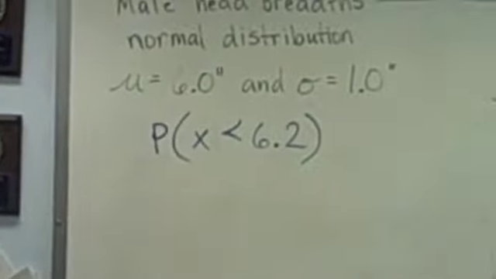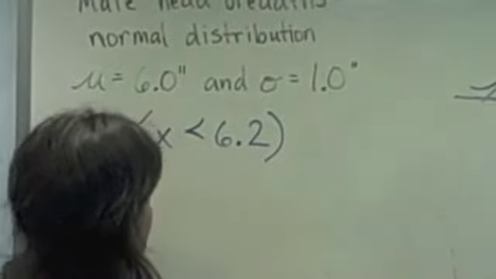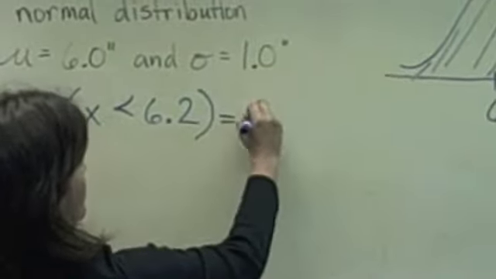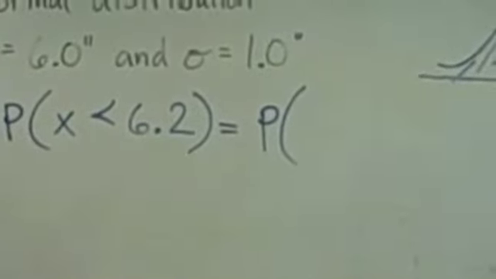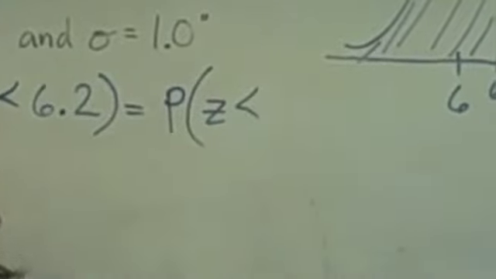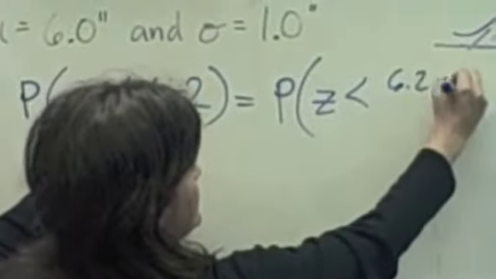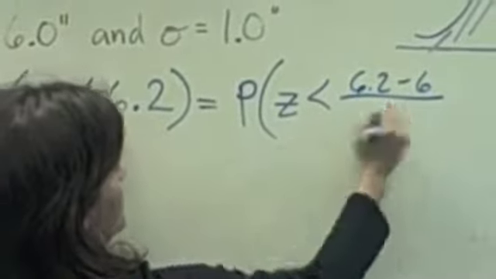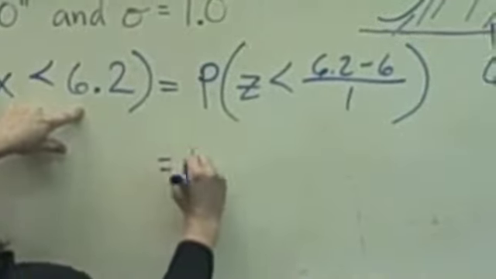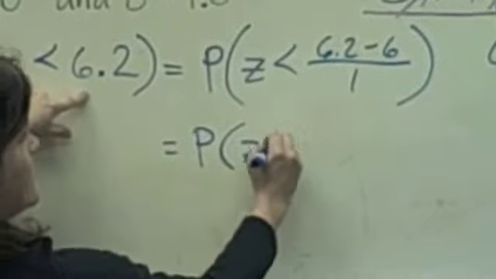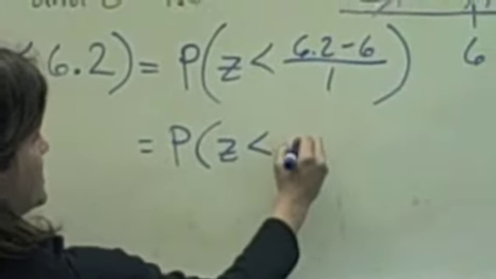So I'm going to need to now standardize the probability using a z-score. And so this would be the same as the probability that the z is less than, and a z-score is x minus mu all over sigma. So my z-score is going to be 6.2 minus the mean all over 1. So this would be the same as the probability that z is less than 0.2.